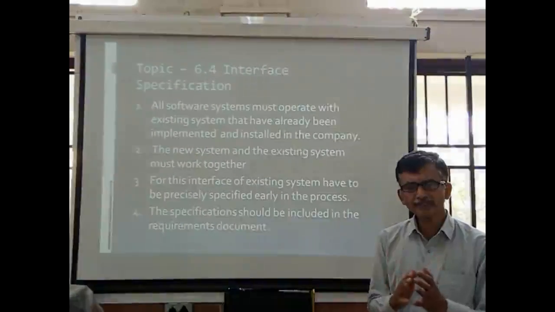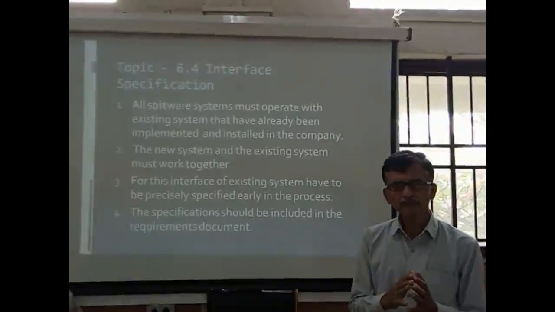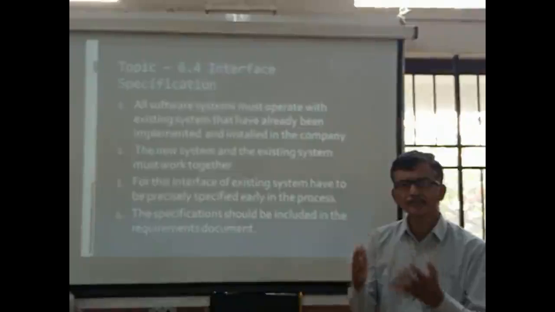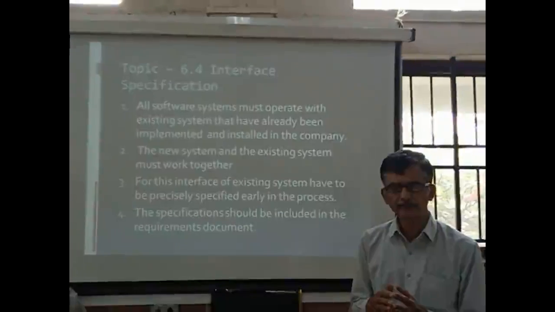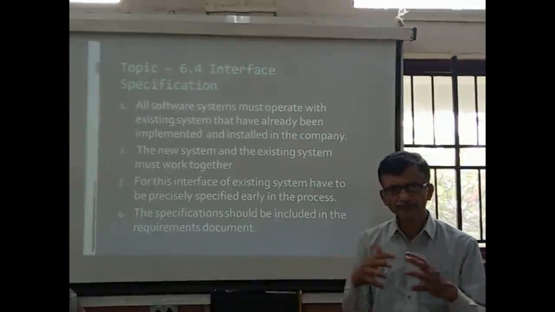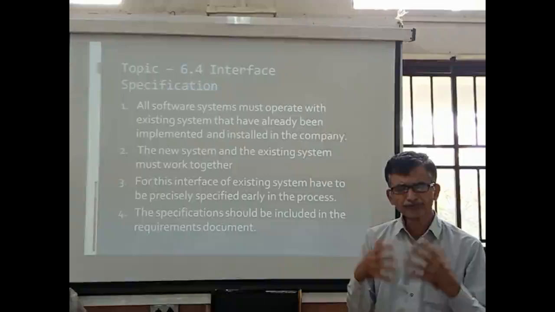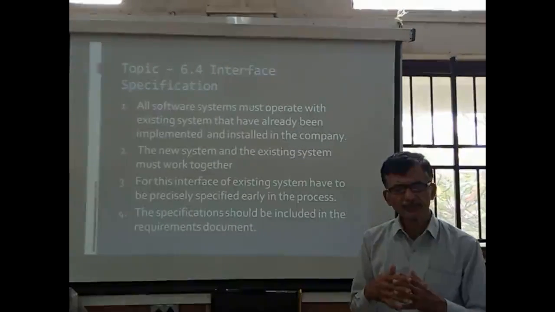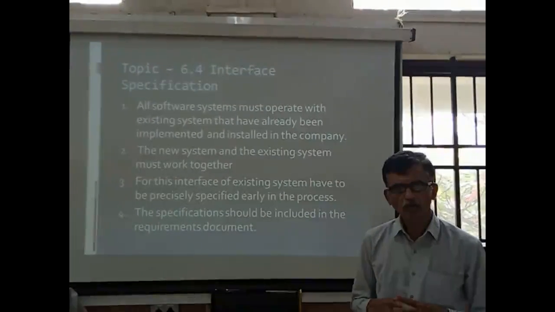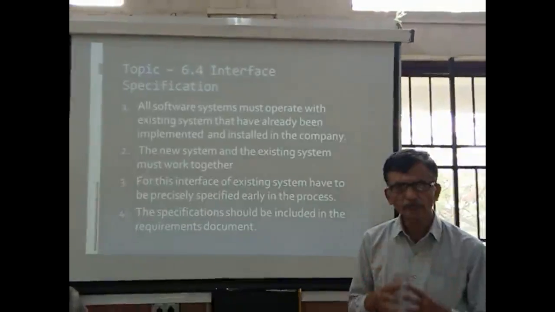So there must be an interface between the old system that is already working and the new system that you are developing. They should interact with each other. So interface is a very important part of the system, and interface specification has its own importance. What these interface specifications are, we will try and know today.